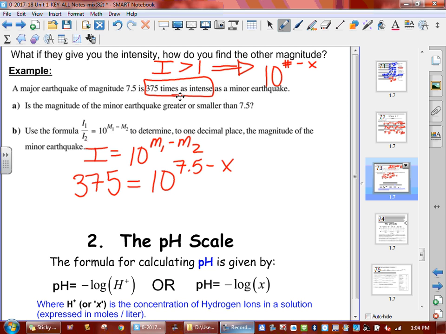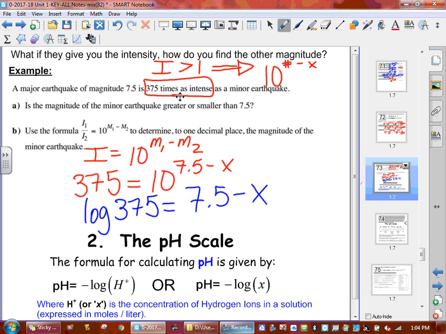375 is equal to, and this is the reason what happens, 7.5 minus x. Because remember, the base stays the base of the log. That's the whole reason we're doing log. You don't have to show the base, because in the word log, the base hides. It's a 10. As long as you're using the 10 as a base, you can hide it as the base on log.